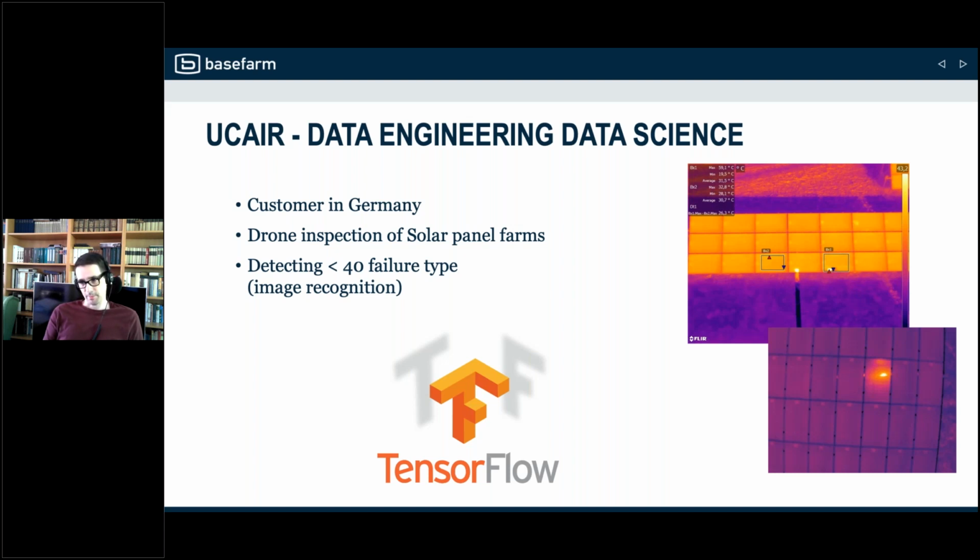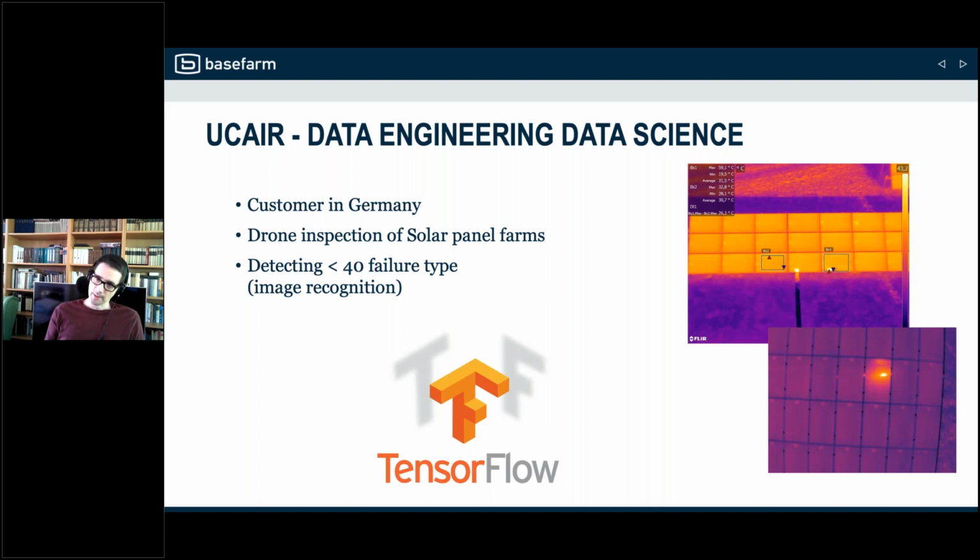Based on these infrared pictures, they are capable of detecting more than 40 failure types on your solar panel. I think it's 60, and they have some subcategories and so on. So when you are inspecting your solar farm, they will tell you that, hey, this panel is underperforming, or this one has an error.